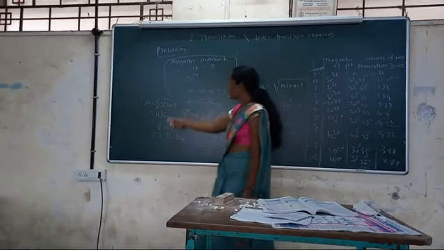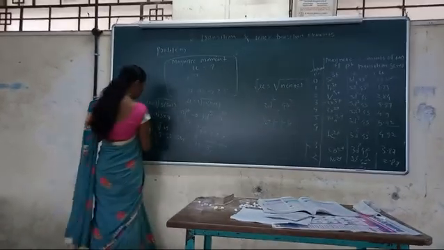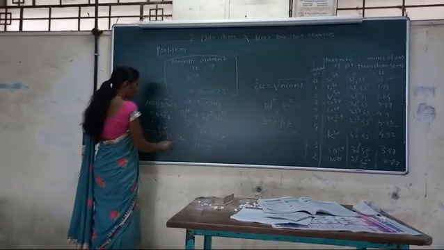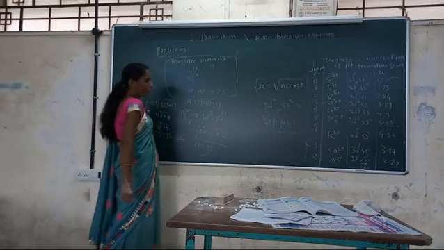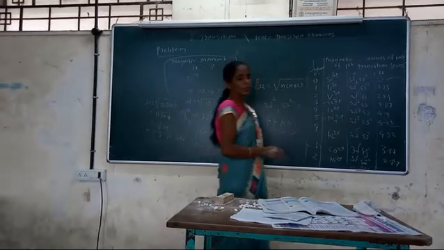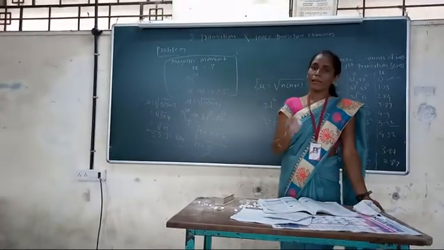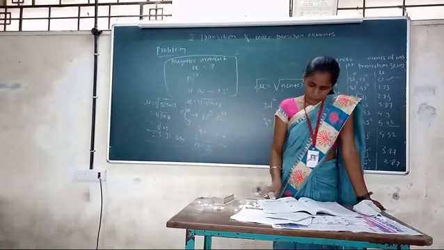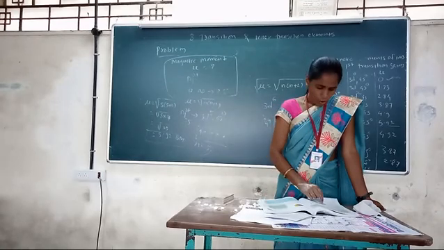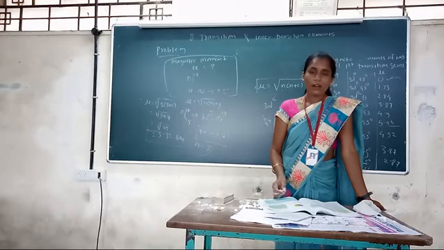From this it is clear that this metal is strongly magnetic. If the answer is near about 0, then it is weakly magnetic, and if the answer is 0, then it is diamagnetic, meaning non-magnetic in nature. Then the next point is color.